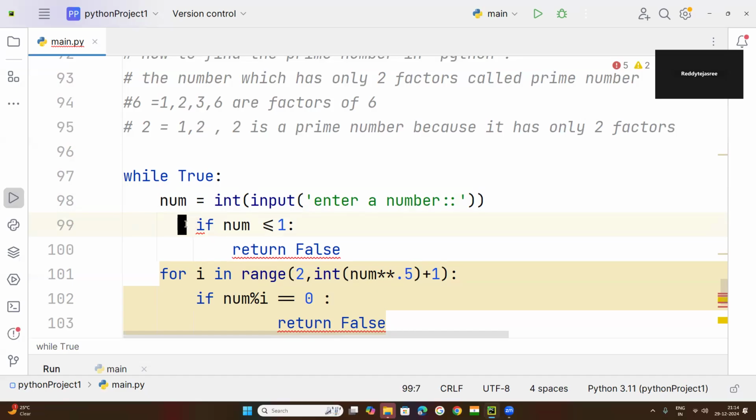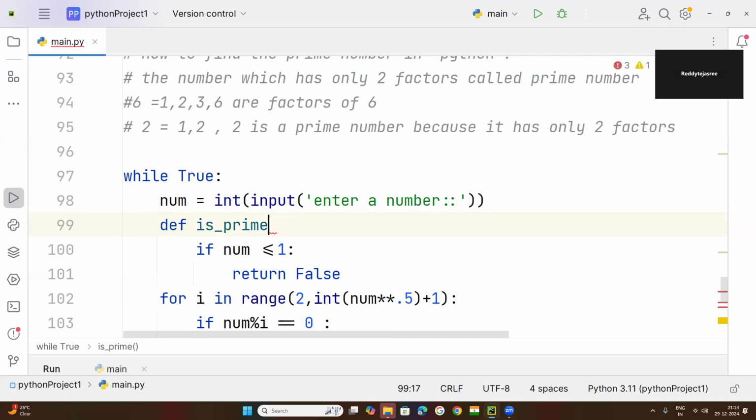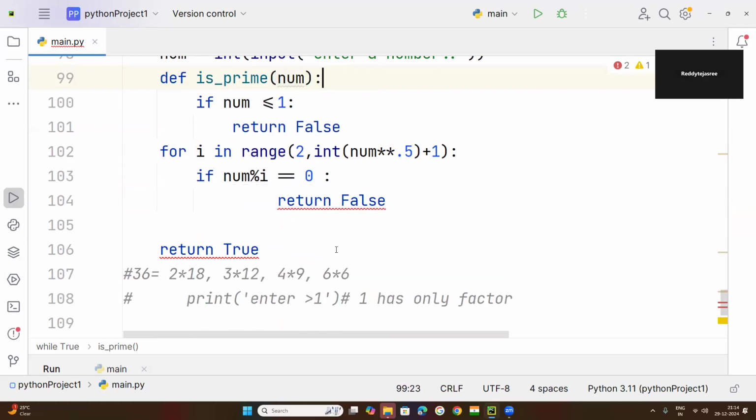That is the underscore in bracket num. Okay, this is okay.